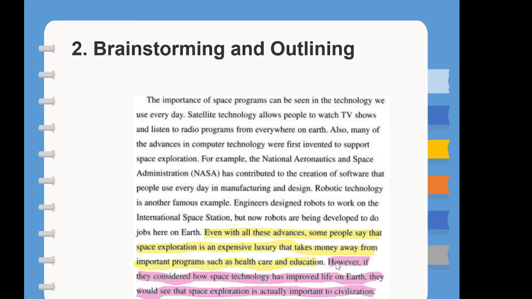The pink one is the refutation, where you prove that the opposing opinion is not correct. However, if they consider how space technology has improved life on Earth, they would see that space exploration is actually important to civilization.